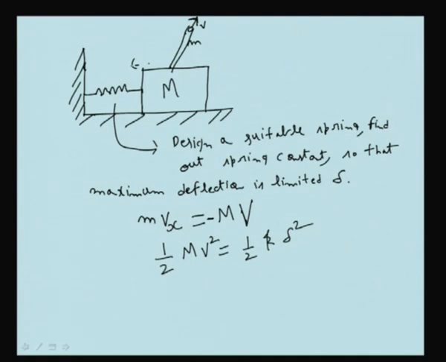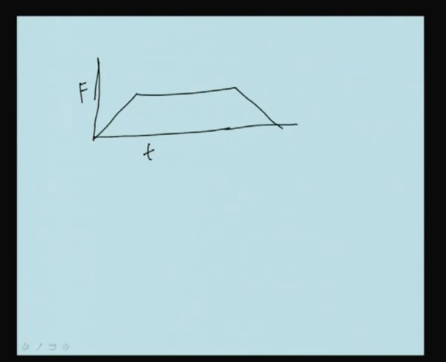Another type of problem is where the force profile is given to you, that is force versus time, and you are required to find the velocity of a particle which starts at rest from 0 and reaches this point, and what is its velocity after time t.